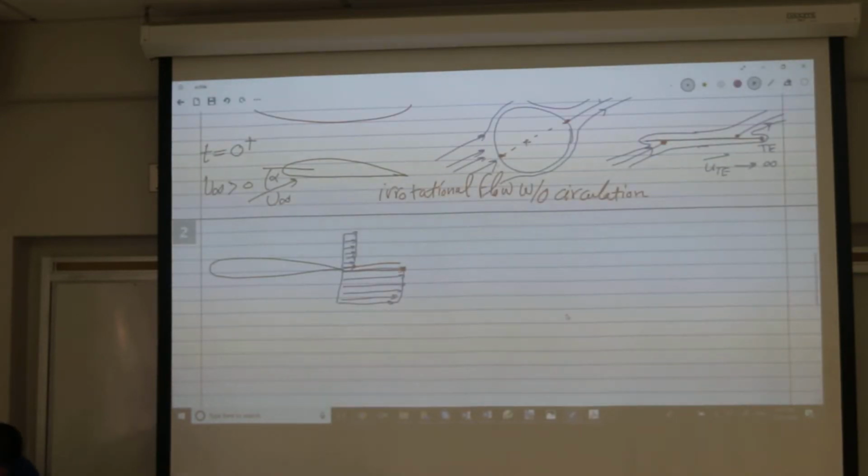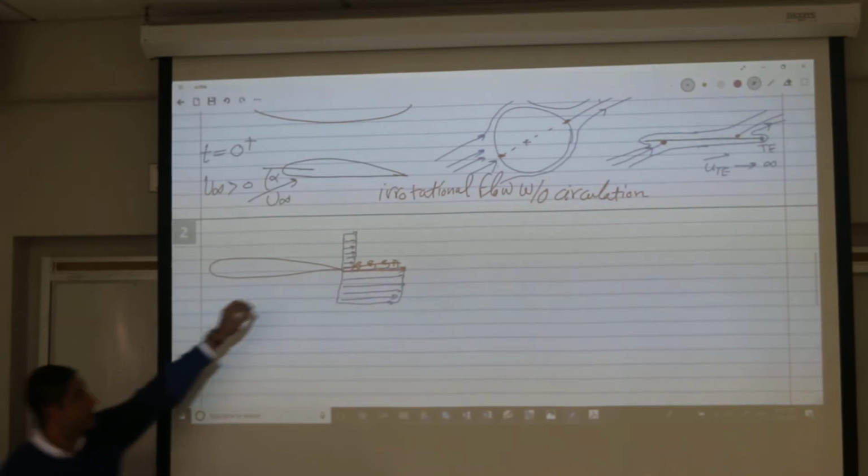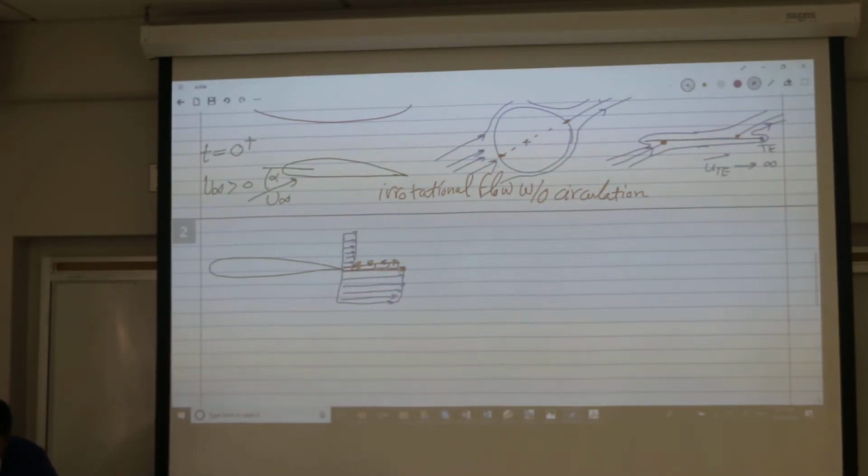So here, we have vorticity generating in this very small layer. As a result, I have a vortex here, the starting vortex, and I know exactly how fast it is generating. So this is U upper, U lower. It's simply the difference of the speeds squared, right? This is what you derived, okay?